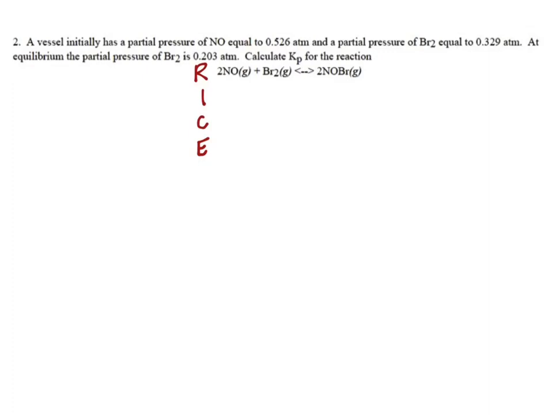I, what's our initial pressure of NO? It's 0.526. Initial pressure of Br2 is 0.329. This is before we make any NOBr, so NOBr is 0.